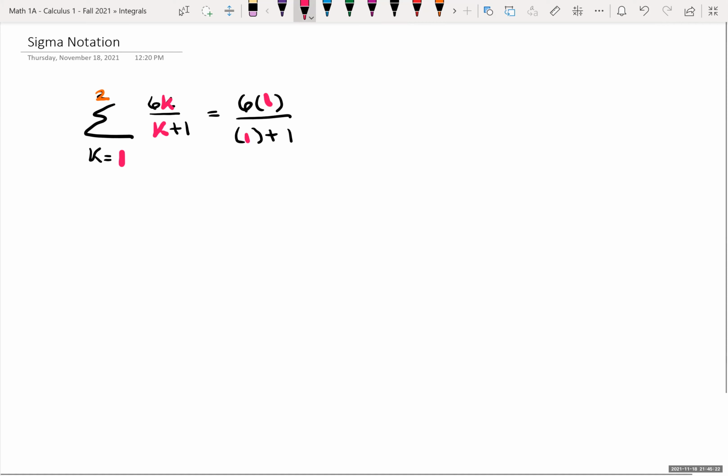Yeah, so this is the start of 5.2. And then we're summing plus. Now we're going to go into this function. We're going to plug in 2 wherever we see a k.